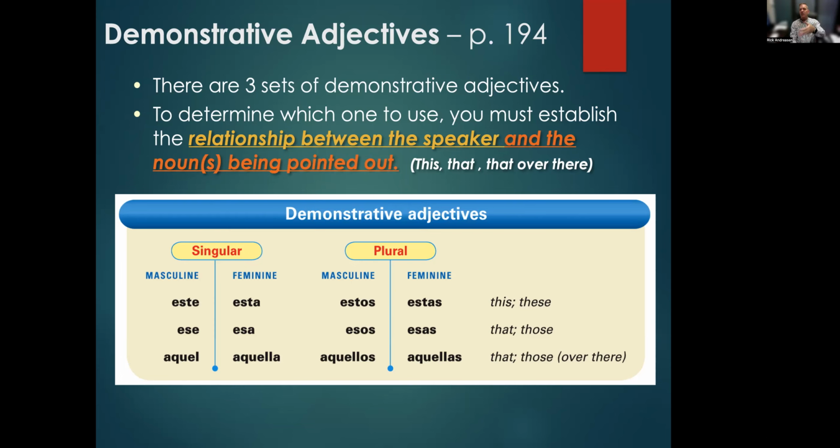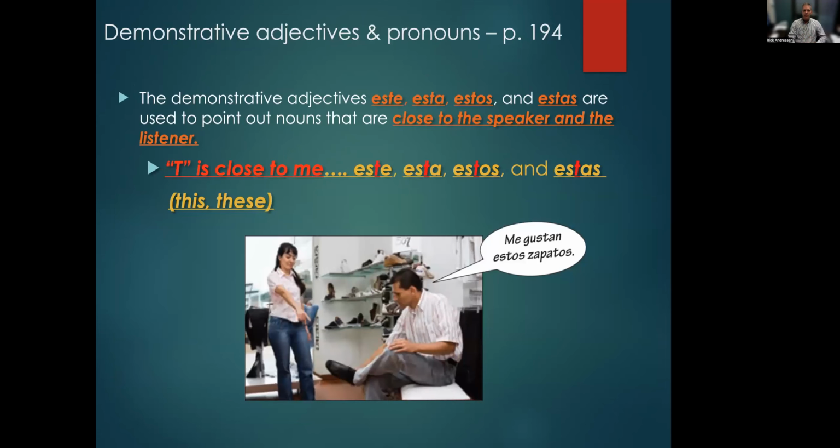Ese, esa, esos, esas, aquel, aquella, aquellos, aquellas don't have T's, so they're further away. So the T is close to me. Just a little helpful tip there. So again, the demonstrative adjectives este, esta, estos, estas are used to point out nouns that are close to the speaker. The T means it's close to me.